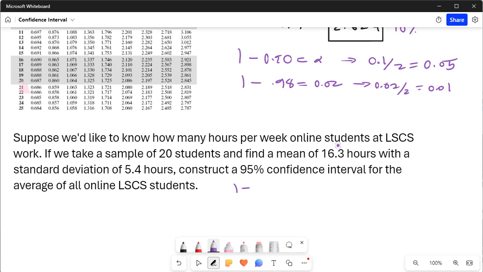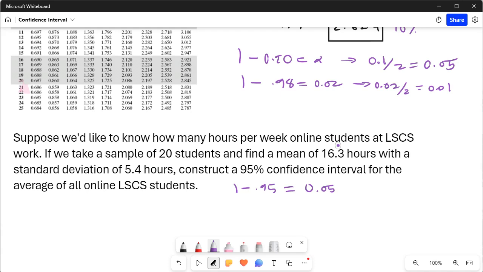So for this one, if we're looking at a 95% confidence, then we know that it's 1 minus 0.95, which is 0.05. So this is our alpha.